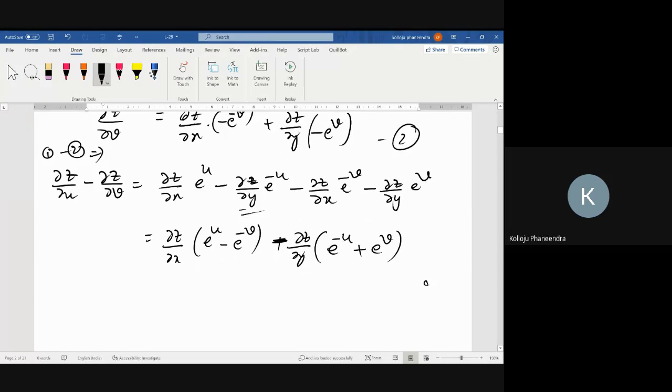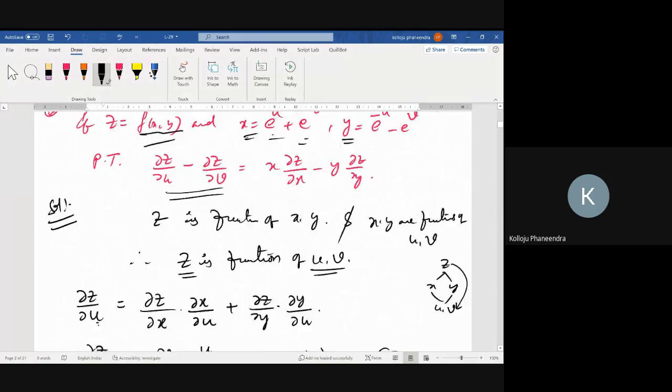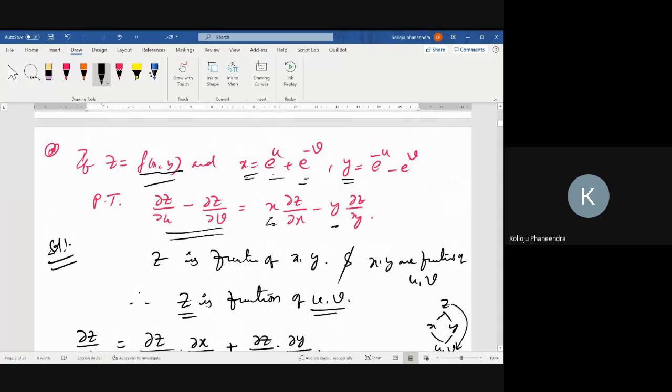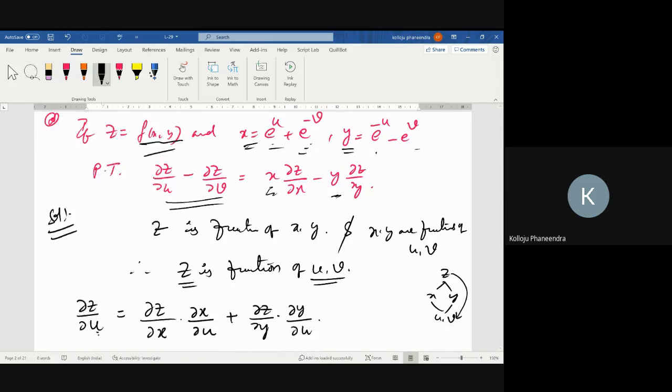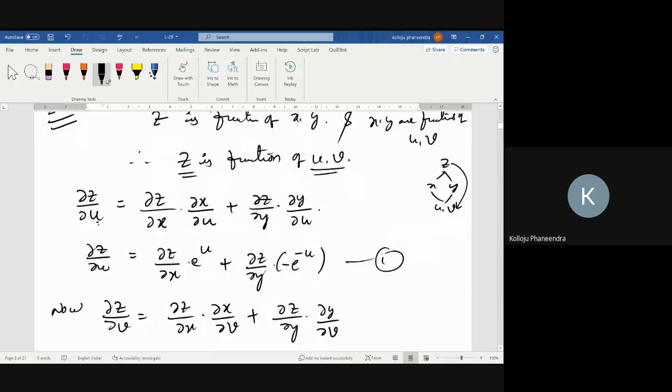I need x ∂z/∂x minus y ∂z/∂y: e to the power u, e to the power minus v, correct? e to the power minus u minus e to the power v, correct? Then where is the mistake? ∂x/∂u is e to the power u, ∂y/∂u.